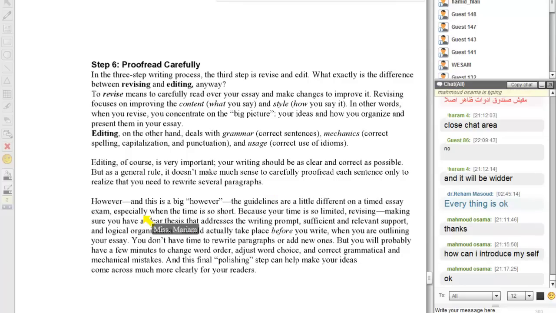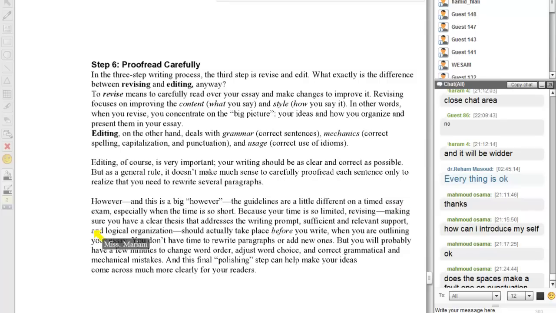However, and this is a big however, it's a little different on a timed essay exam, especially when the time is so short, because your time is so limited. Revising, making sure you have a clear thesis that addresses the writing prompt, sufficient and relevant support, and logical organization, should actually take place before you write, when you are outlining your essay.